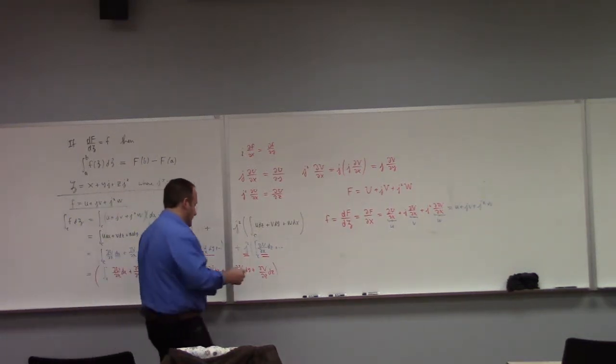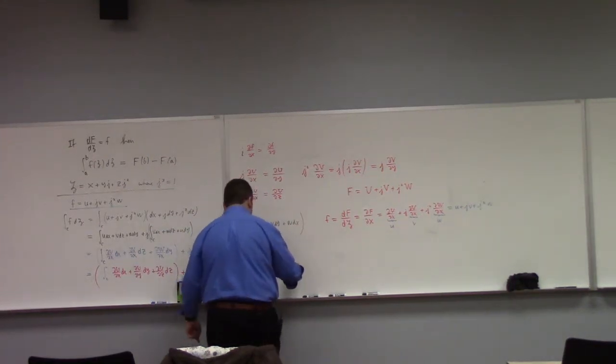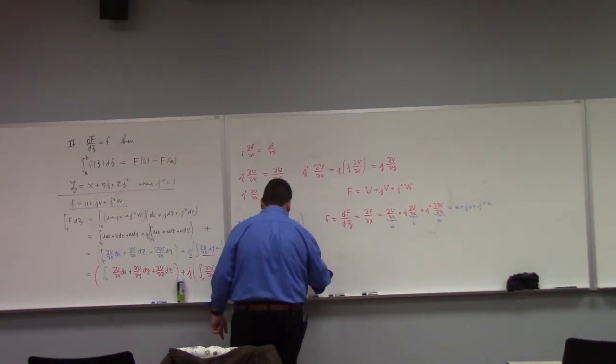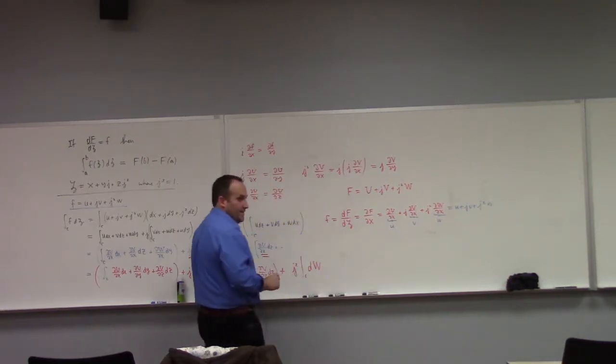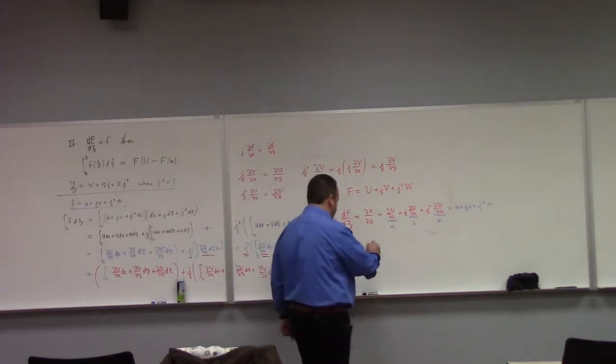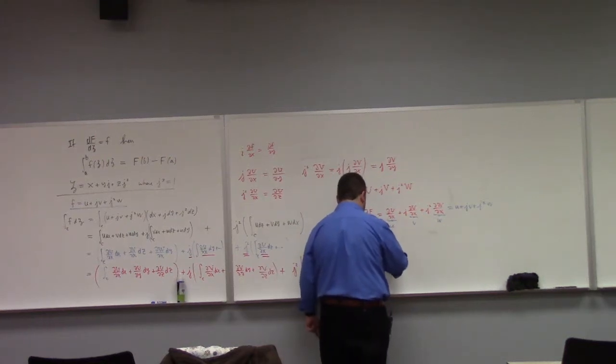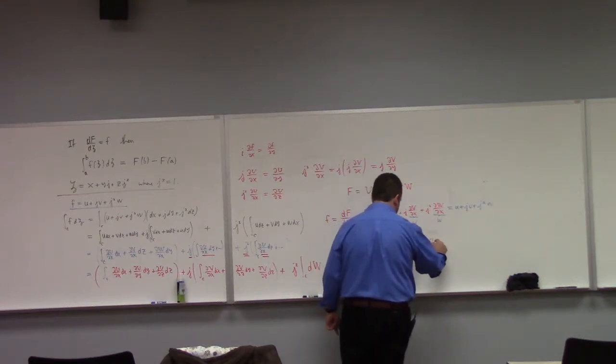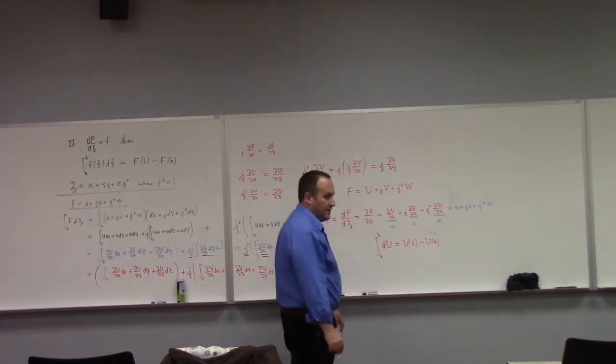But after all this is done, you've got dw, and then we have a theorem, which is that the integral of du, if we go from a point A to a point B, is equal to u of B minus u of A.